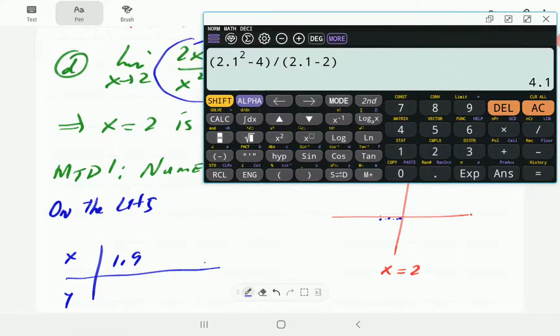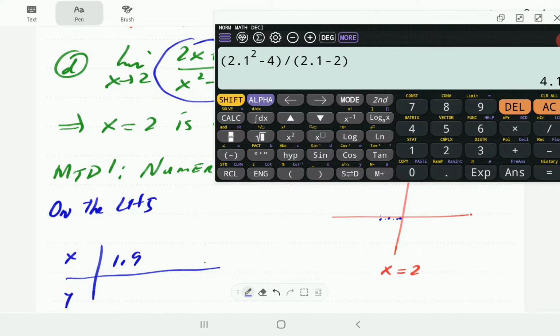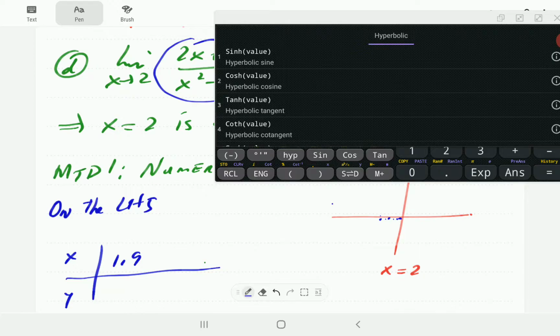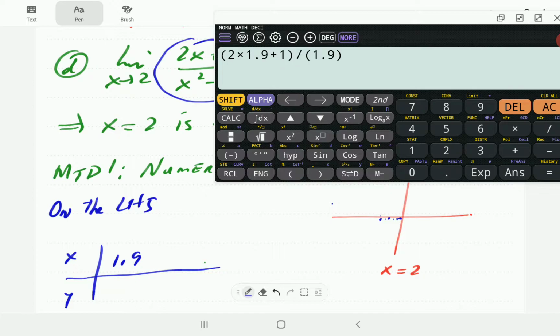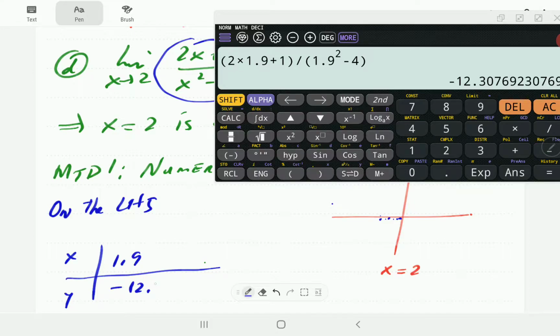We're doing 2x plus 1, so it's 2 times 1.9 plus 1, then all divided by open brackets x squared minus 4, 1.9 squared minus 4. Okay, so that gives us minus 12.3.